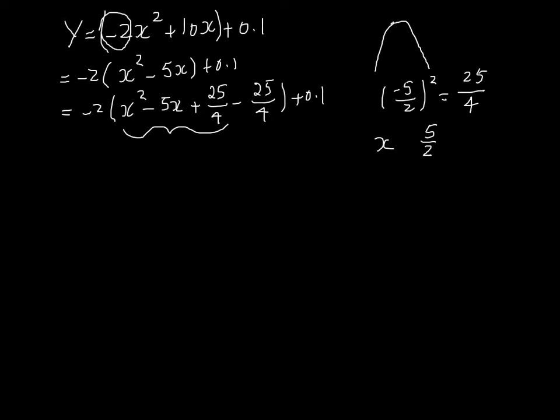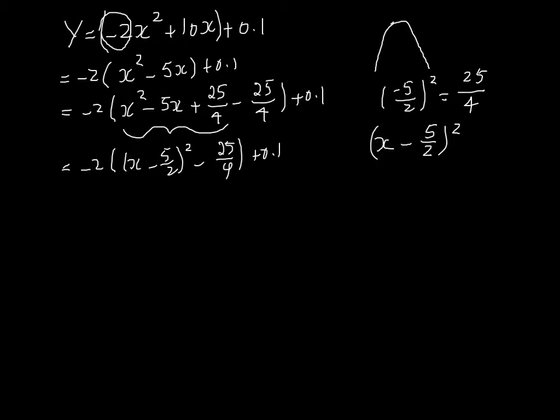Then multiply 5 by x, we get 5x, which is the middle term. Since it's negative 5x, I'm going to put a negative here. So this becomes x minus 5 over 2 squared. So I get negative 2 times x minus 5 over 2 squared, negative 25 over 4 plus 0.1.